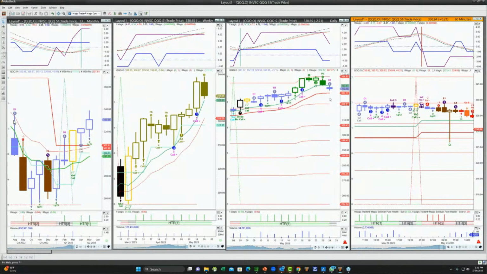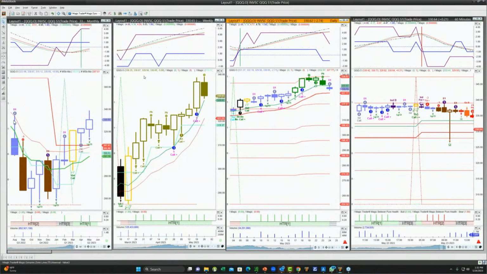If it does not close below or break this level, I will look for a pullback to the upside, and they will try to retest some of the levels. And QQQ is stronger. How can we tell it's stronger? Because I watch it. So what do you do?